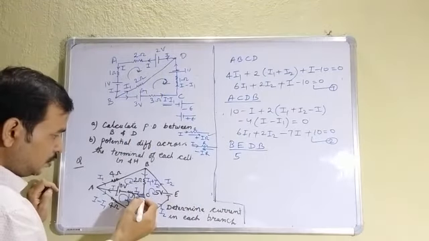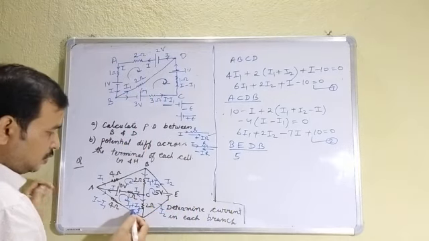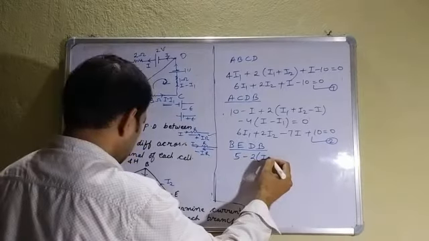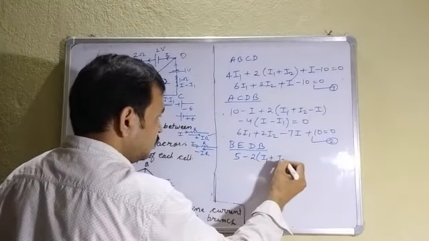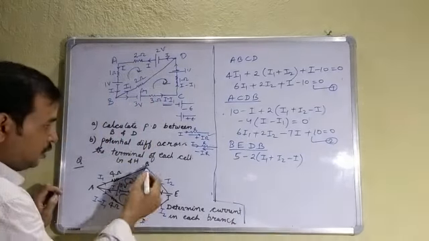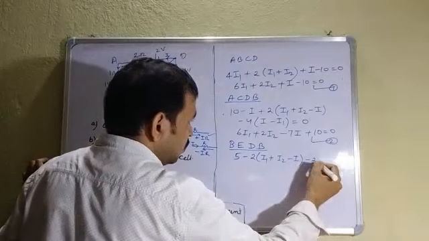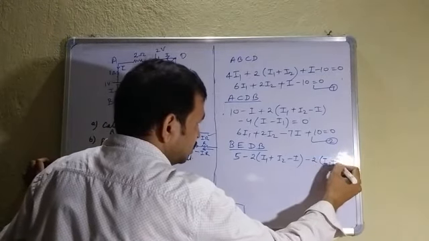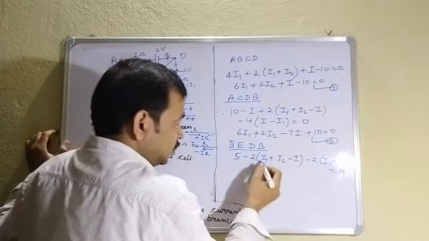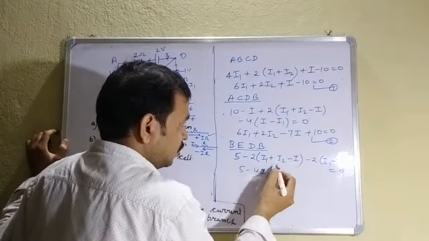Now from D to C, against the current we are moving, so this product is minus I1 plus I2 minus I. Now from C to B, against the current, so minus 2 into I1 plus I2, which is equal to 0. So minus 2, minus 2, 4I1.